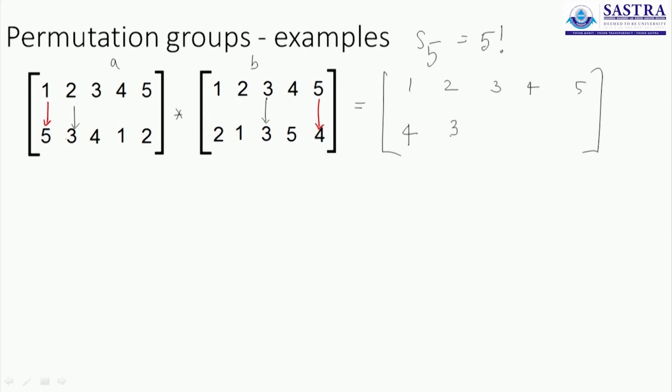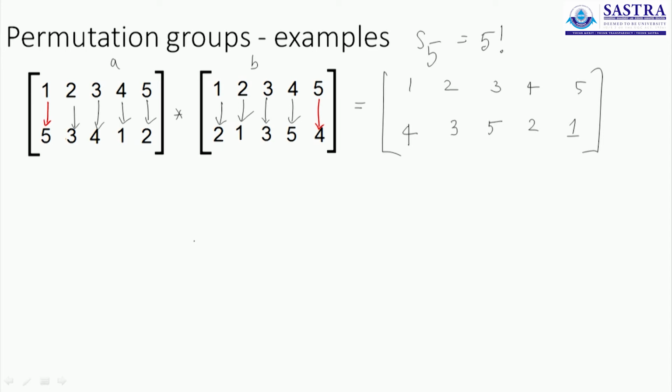I am following the images from the left of your screen. 3 goes to 4, 4 goes to 5, so 3 goes to 5. 4 goes to 1 and 1 goes to 2, so 4 goes to 2. The last part, 5 goes to 2 and 2 goes to 1, so 5 goes to 1. So this is the result of operating A on B from the left.